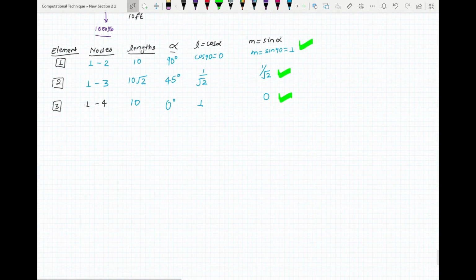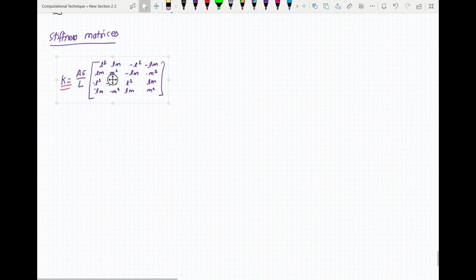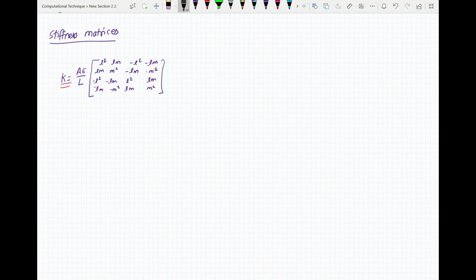Now our second step will be to find our stiffness matrices. This is our general equation for the stiffness matrix. Now for element 1, your K1 will be equal to AE by L, and L is 10 feet.